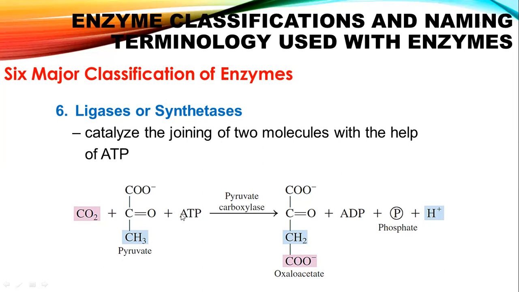Notice here there's an ATP, and there's a joining of two molecules. One is CO2 and the other is this one. They are formed all together, forming a bond here, H2, and then you have your COO here, and ATP, and you form a bond between two molecules. So this kind of reaction again is a ligase or synthase, synthesizing into one.